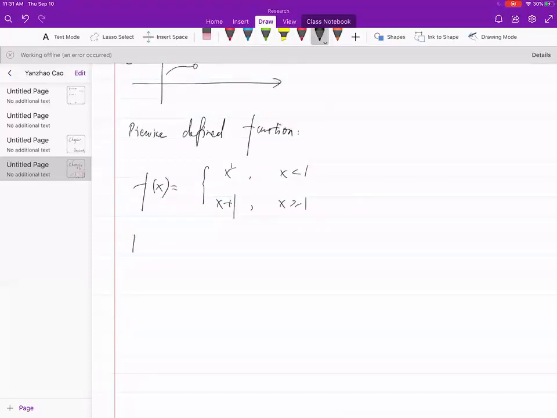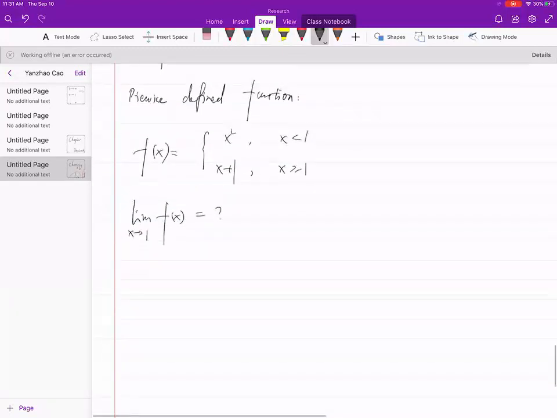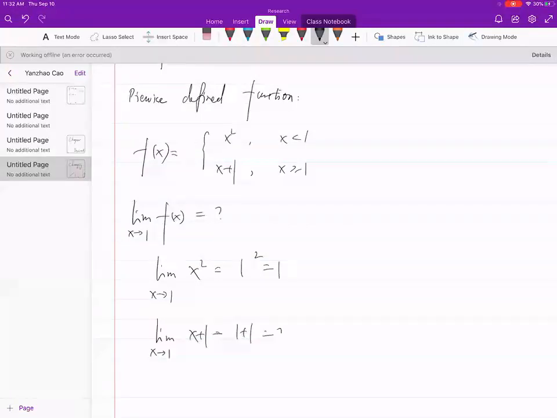Now my question is, what is the limit as x goes to 1 of f(x)? Well, do you know how to find the limit? Well, x squared, I know the limit. The limit is 1, right? 1 squared, which is 1. It's continuous, super easy. x plus 1 is going to be 1 plus 1, which is 2, which is also super easy.